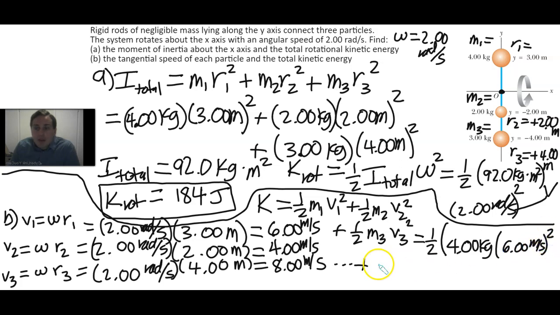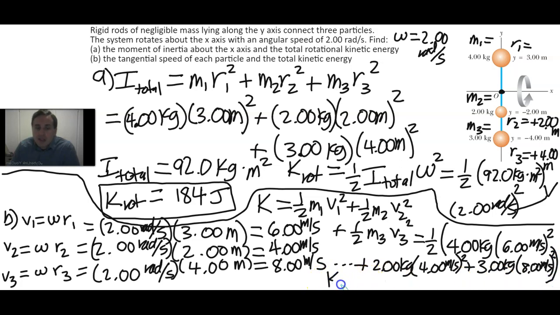Then we need 2.00 kilograms times the 4.00 meters per second, and we square that, plus finally 3.00 kilograms times the 8.00 meters per second, and we square that. Let's end this parenthesis with the 1/2 on all these terms.